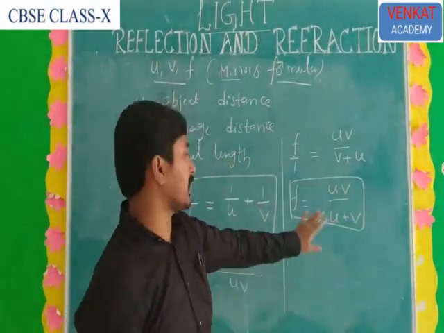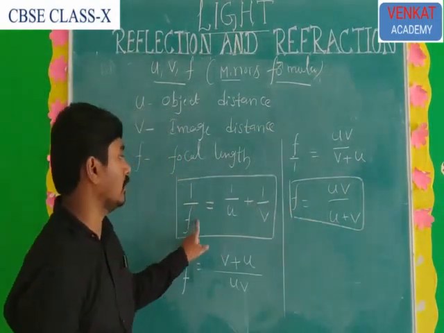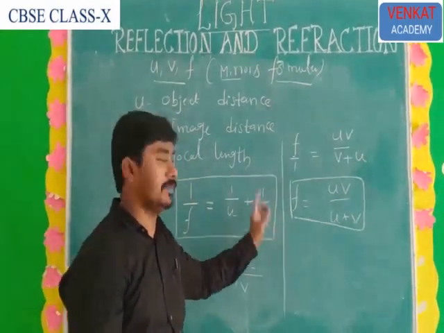Understand? So what is the mirror formula? 1 by F is equal to 1 by U plus 1 by V.